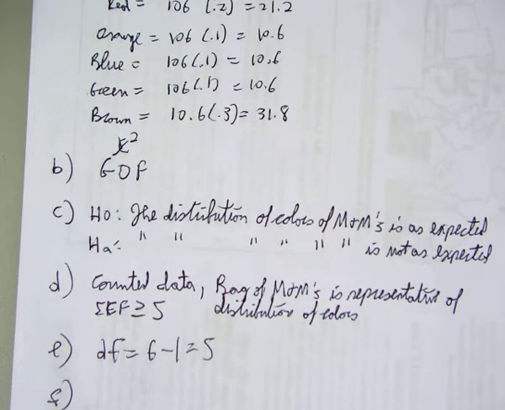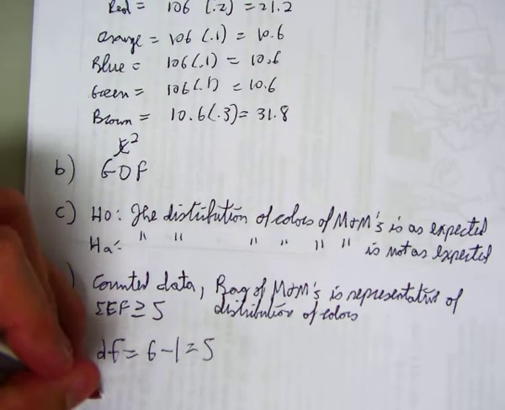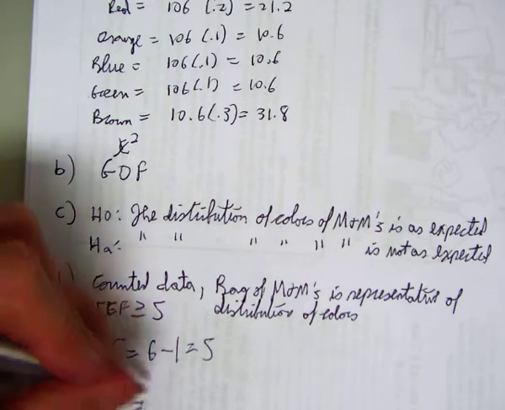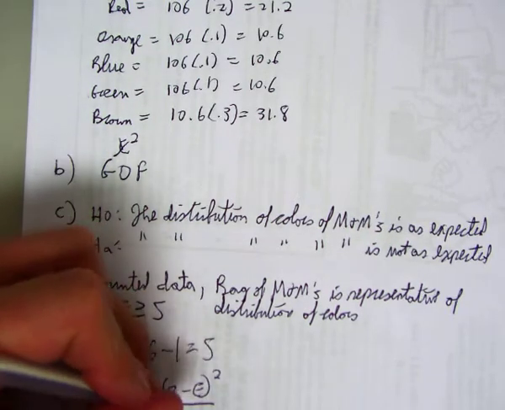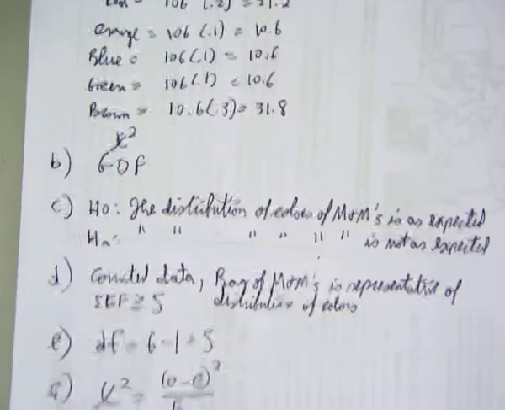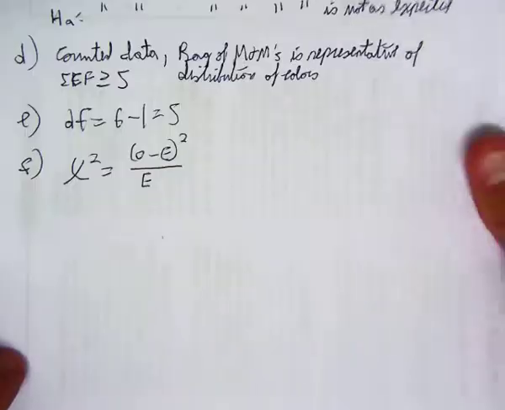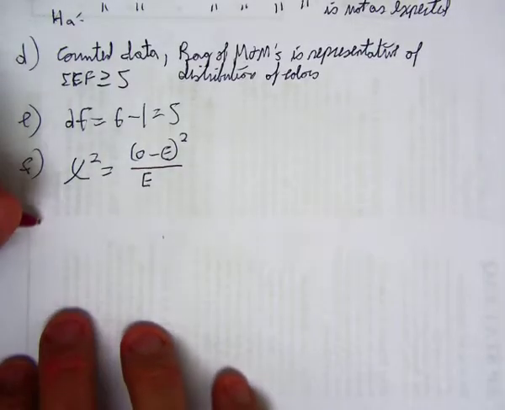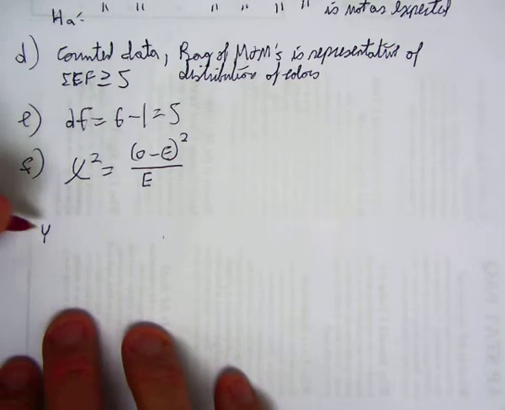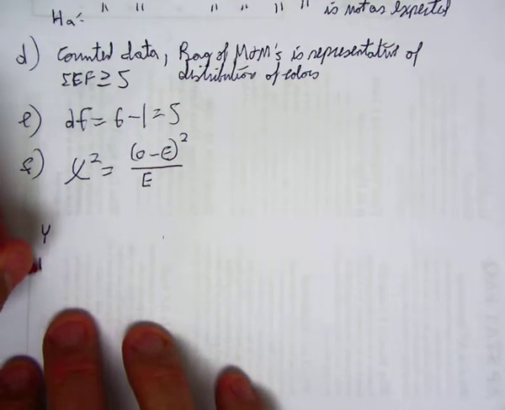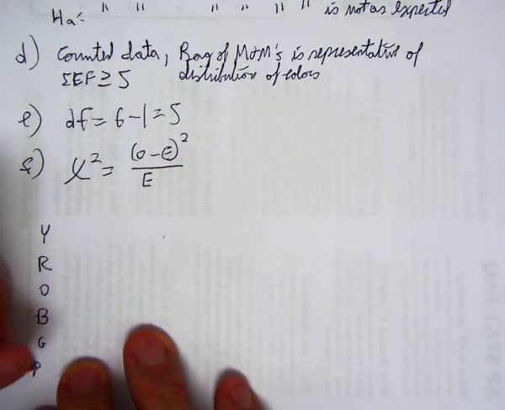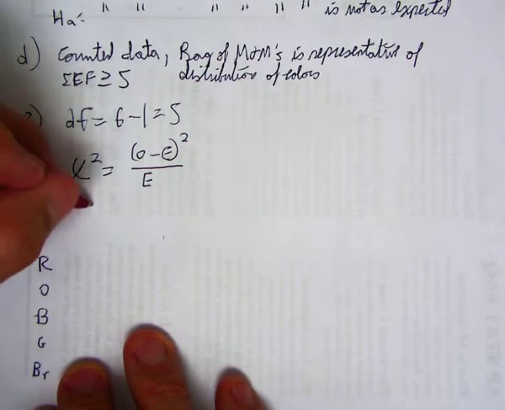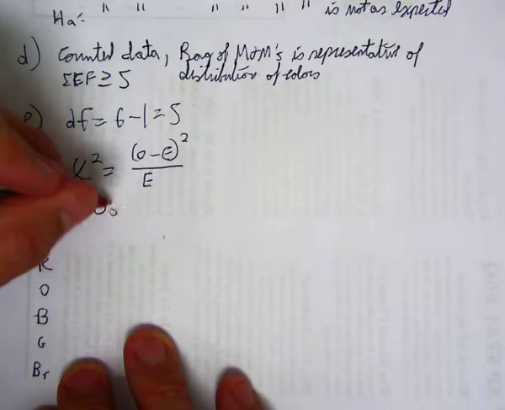And then F, find chi-squared. Well, chi-squared equals observed minus expected quantity squared over expected, right? So what we have is yellow, red, orange, blue, green, and brown. And we have the observed.